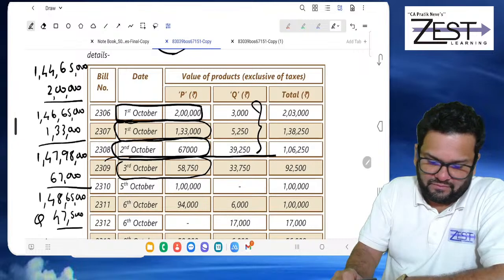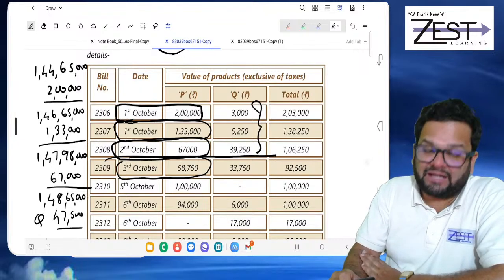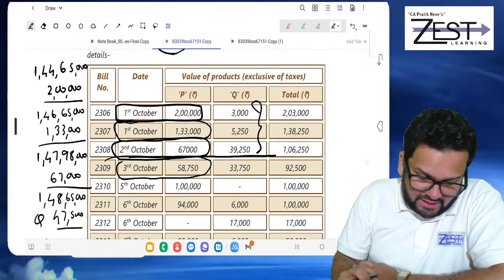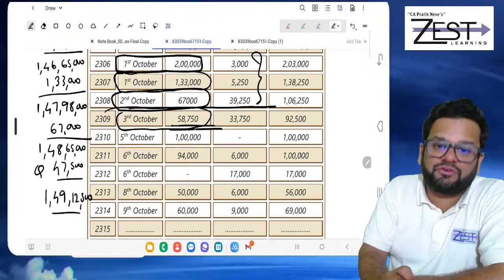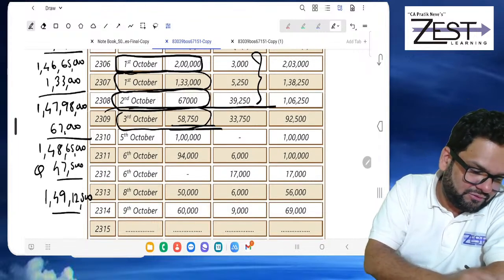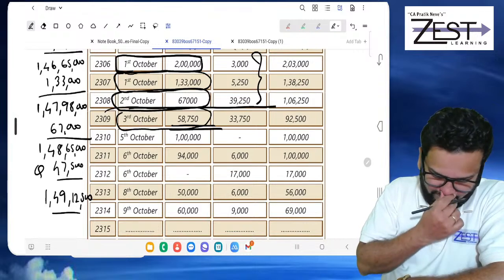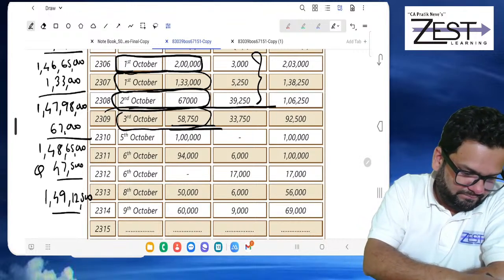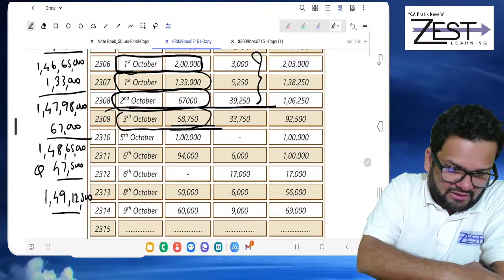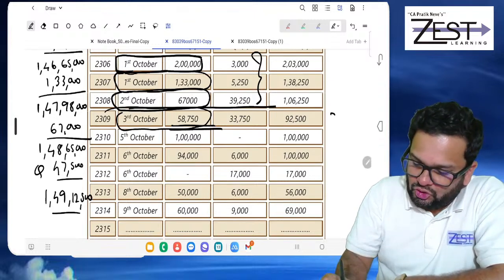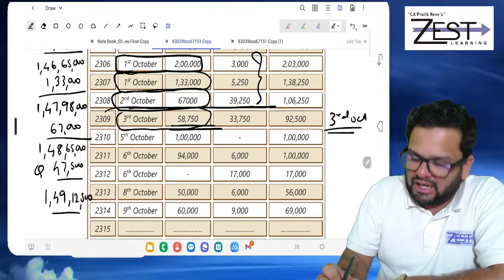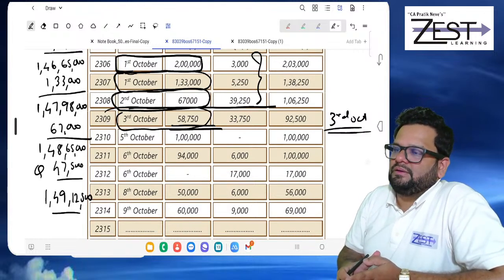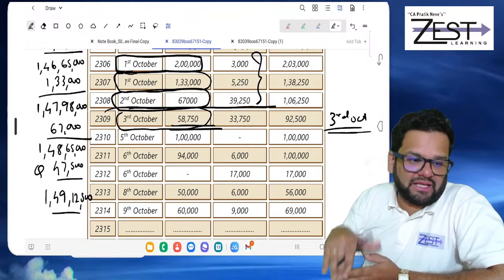Till 2nd October I am getting that much, friends. On 3rd October now, I have done 58,750. So plus 58,750. Now I am exceeding. In short, do you agree that on 3rd October I am going to shift from section 10 to section 9?